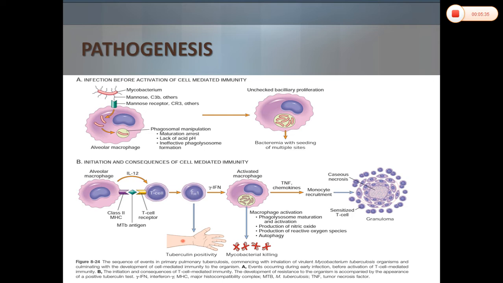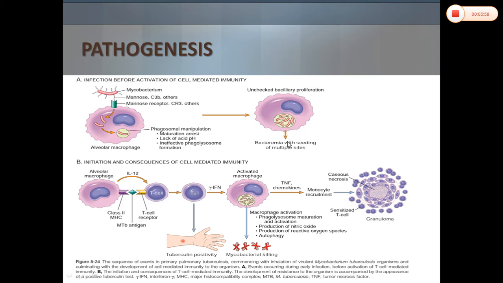After formation of a vesicle around the microbe, there is manipulation leading to maturation arrest, lack of acidic pH, and ineffective phagolysosome formation. If unchecked, there is proliferation of bacteria within this vesicle.